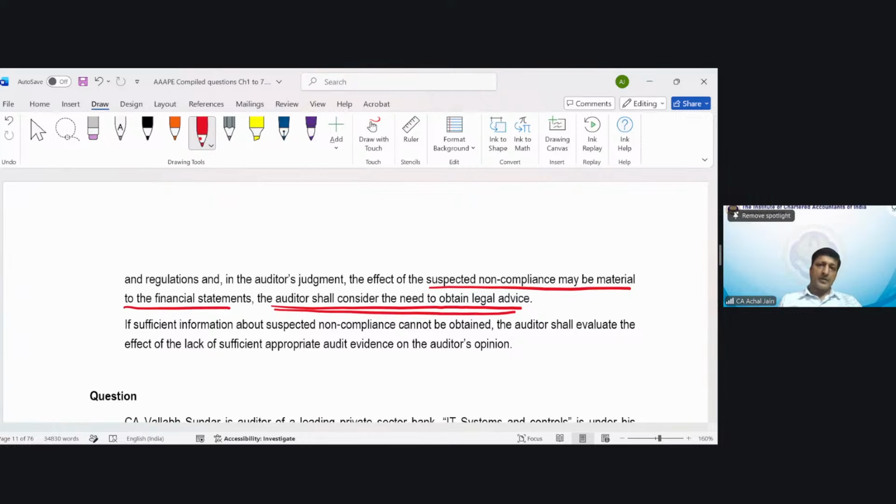How do you go about it? That's again a matter of reporting implications, which the auditor then needs to think about and evaluate, whether the auditor will want to get into any sort of reporting implication in such a case. All right, so now moving further.